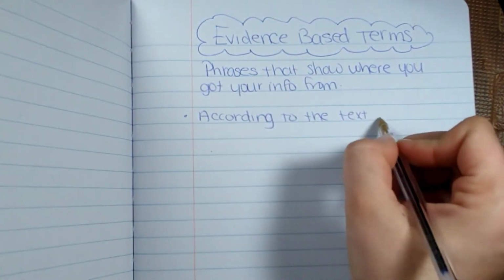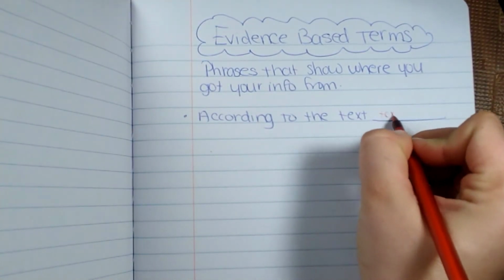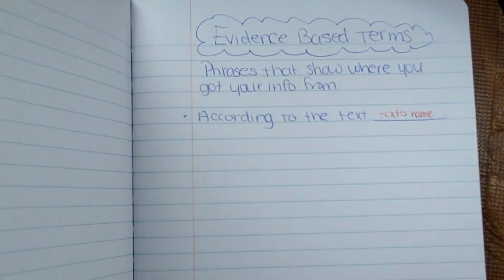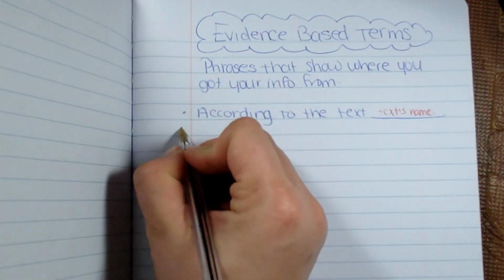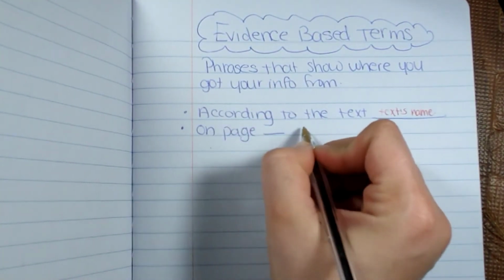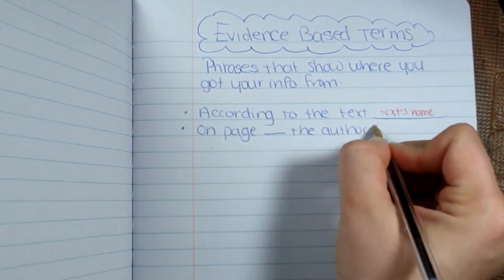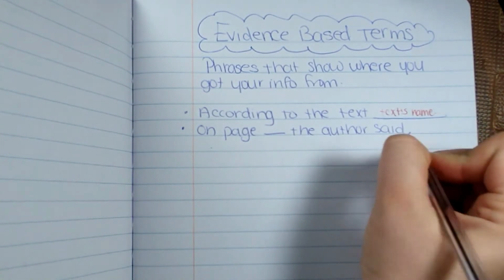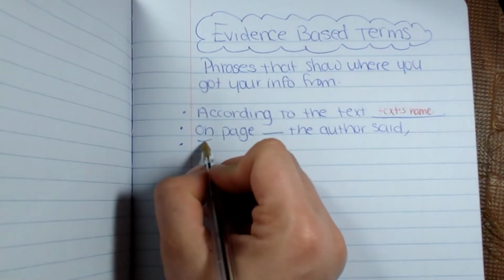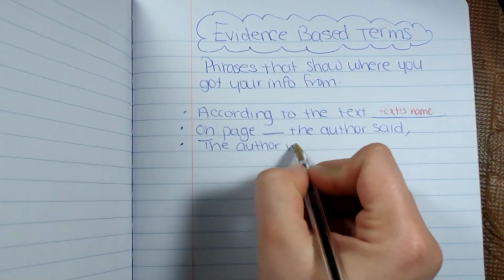One would be "According to the text," and you always want to put the text name. Always. On page blank or in paragraph blank. "The author wrote."